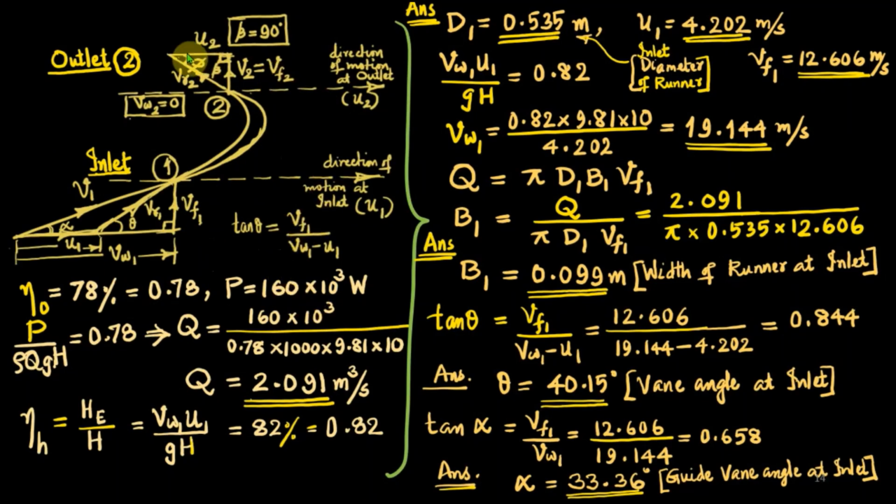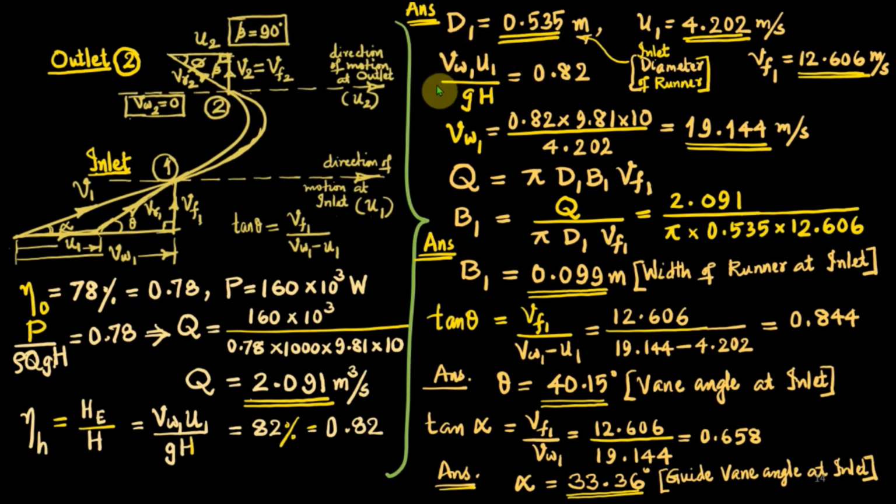From this velocity triangle, we can formulate the relationship tan theta is equal to Vf1 by Vw1 minus u1, which we discussed previously. Now the hydraulic efficiency is given in the question as 82%.